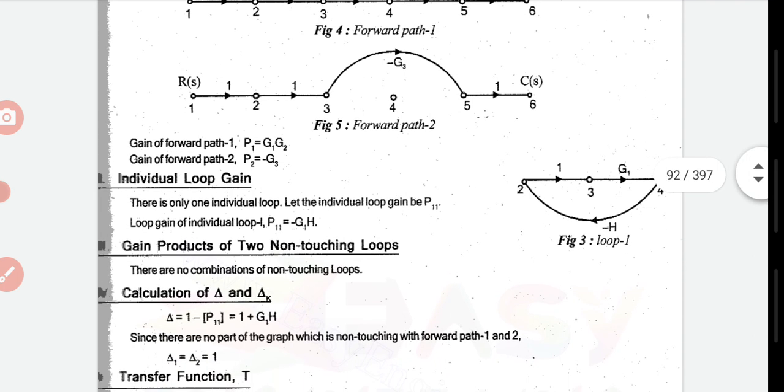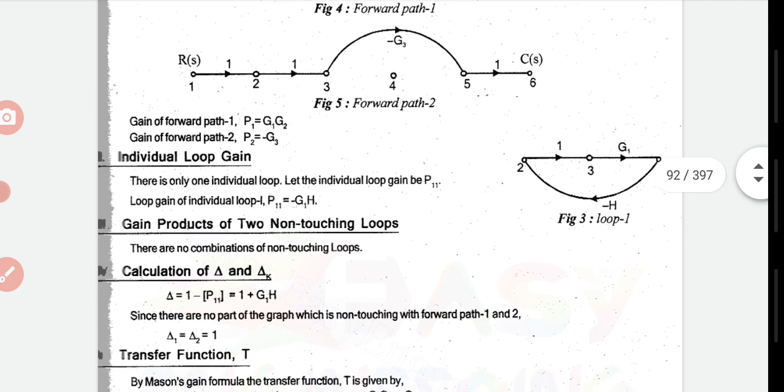After that, what do you have to calculate? The calculation of delta and delta k. What is the delta formula? 1 minus the sum of gain values of all individual loops, plus the sum of products of gains of non-touching loops.